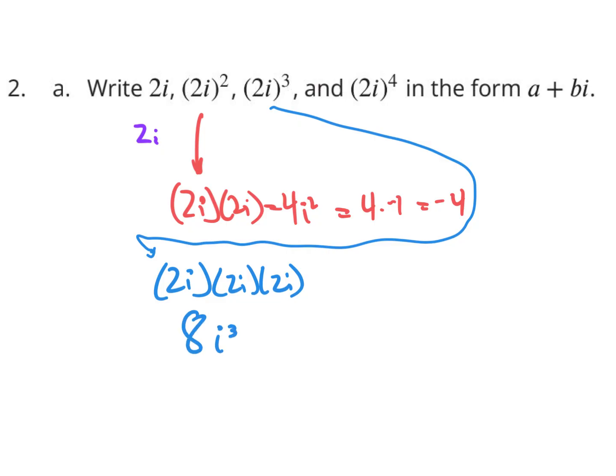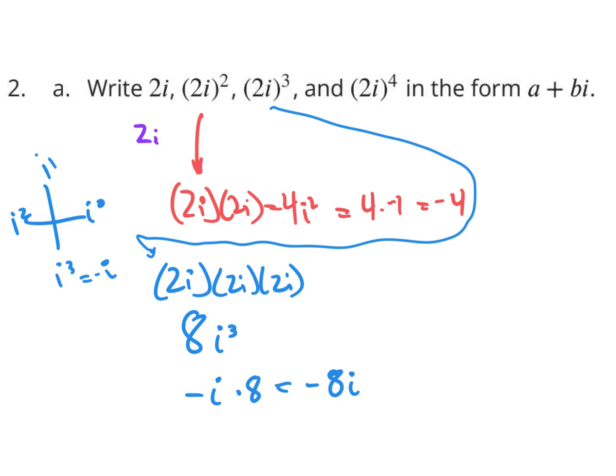This is i cubed. Now, when you draw the little diagram, i to the 0, i to the first, i squared, i cubed, i cubed is equal to negative i. So we have i cubed as negative i times 8, which becomes negative 8i.